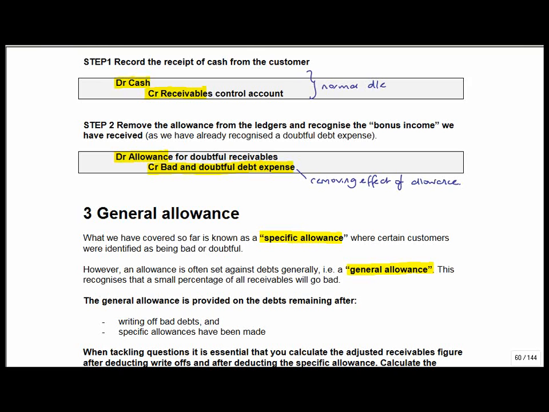It's often used particularly in businesses which might have a large number of customer balances of a fairly low value. It's not worth the effort of going through every single customer balance line by line. In other words, what you can do is say, well, on average, a certain percentage of my debts sadly aren't going to get paid, so I'm going to just make a general allowance of that percentage.